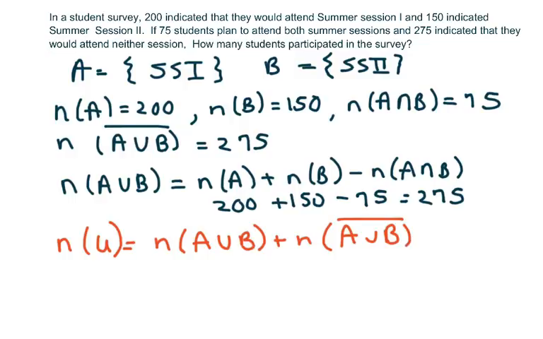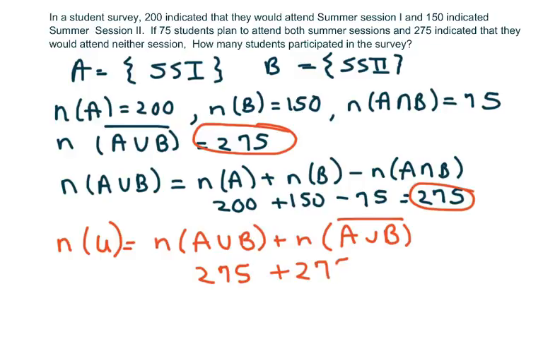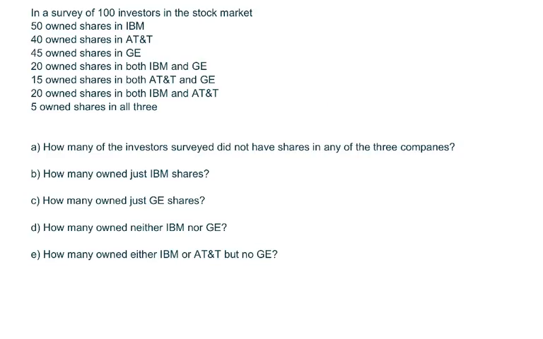The ones that took A or B are 275, and the ones that took neither session are 275. So when you total that up, you get 550. And that's your answer.